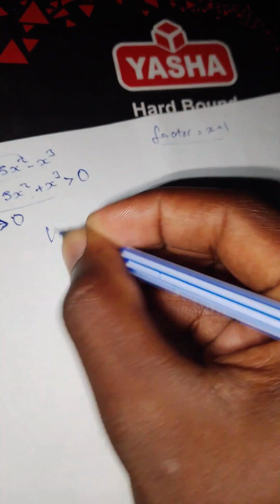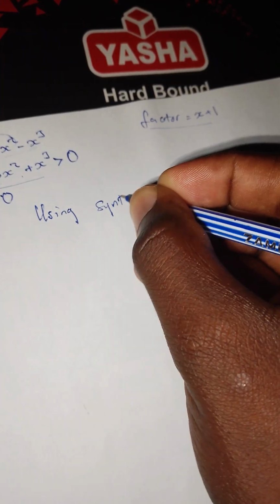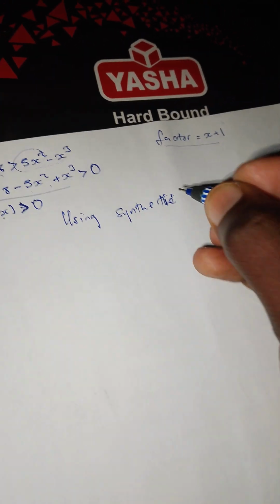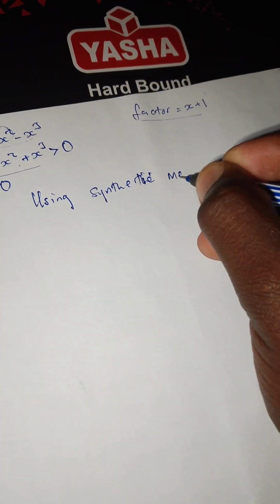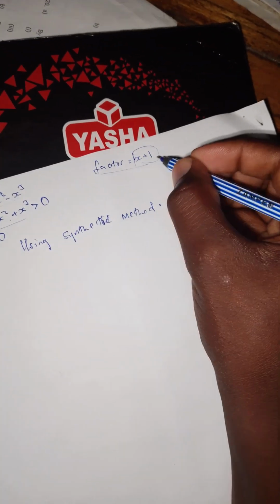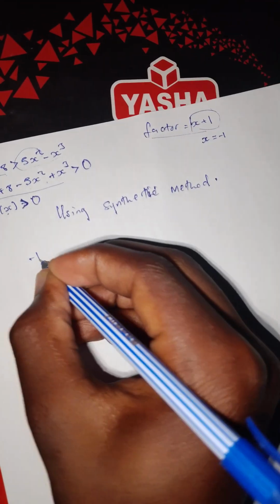Equating this one to 0, we are going to have x equal to -1. So we have -1 there.